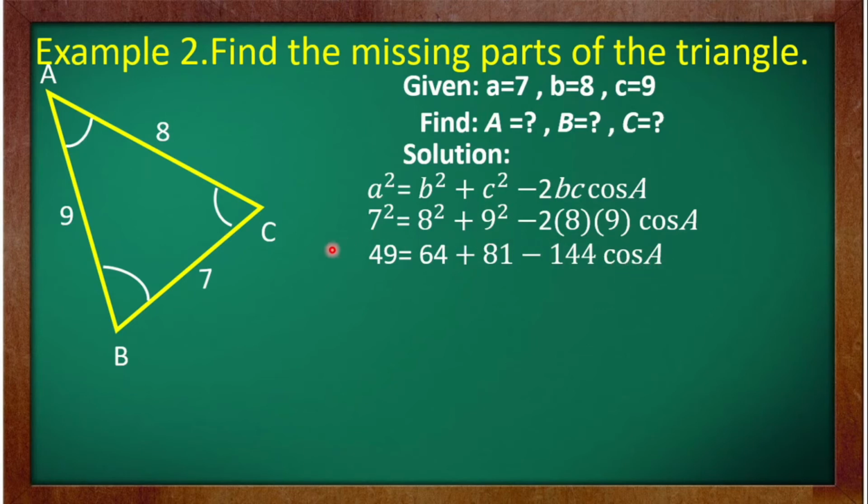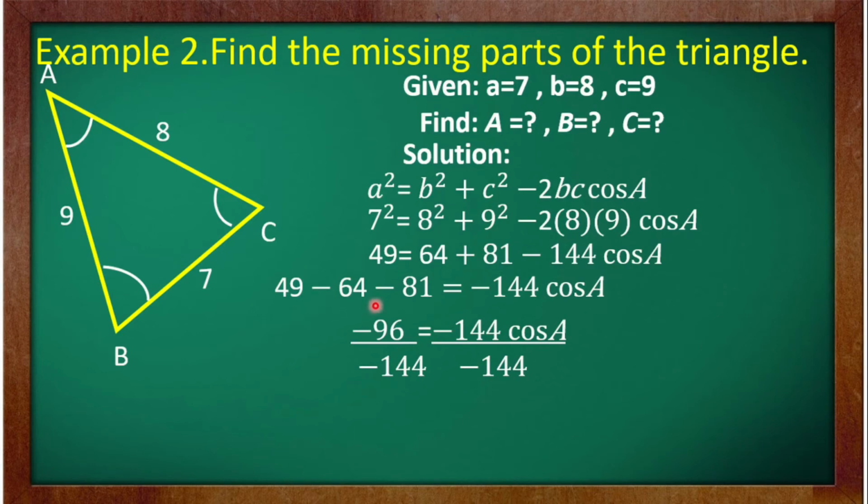Then transpose natin yung mga constant. So that is 49 minus 64 minus 81 is equal to negative 144 cosine A. Now baka malito kayo, yung negative 144 or minus 144 ay numerical coefficient ng cosine A, kaya hindi natin siya kasama na tinranspose sa kabilang side of the equation.